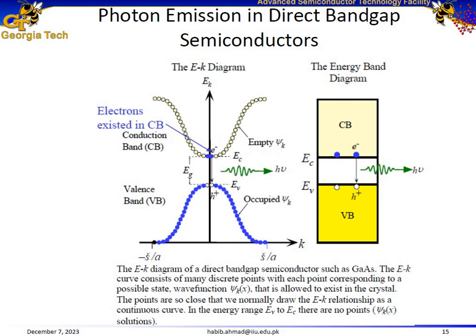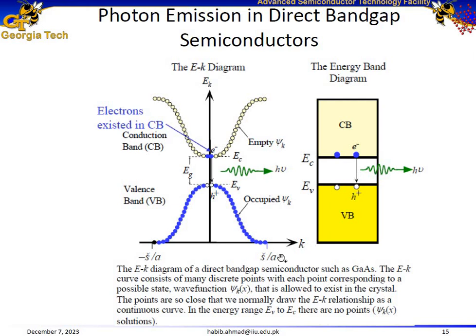In semiconductors, we have two categories. We can have direct band gap semiconductors, or we can have indirect band gap semiconductors. In direct band gap semiconductors, the minimum of the conduction energy level actually occurs along the maximum of the valence energy level in the E-K diagram, where E represents the energy axis and K represents the momentum axis.